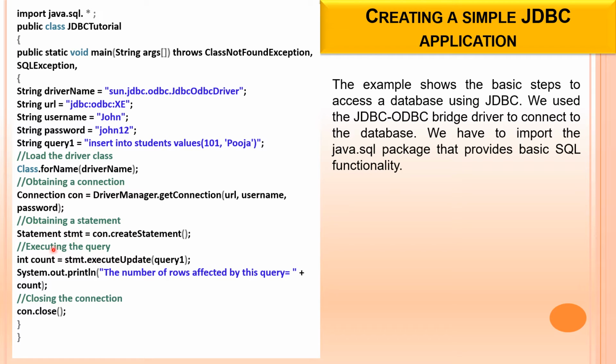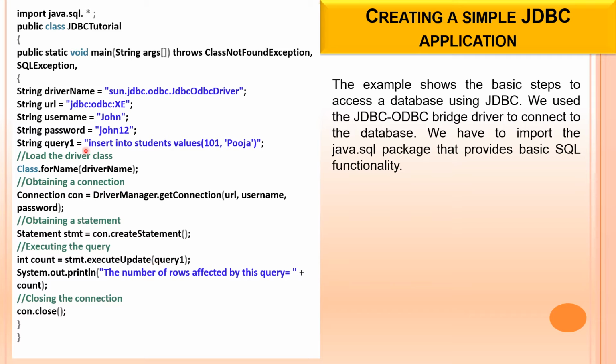We have to obtain a statement, that is Statement stmt is equal to con.createStatement, and this will obtain a statement for our JDBC connection. Now we have to execute the query: int count is equal to statement.executeUpdate in brackets query1.